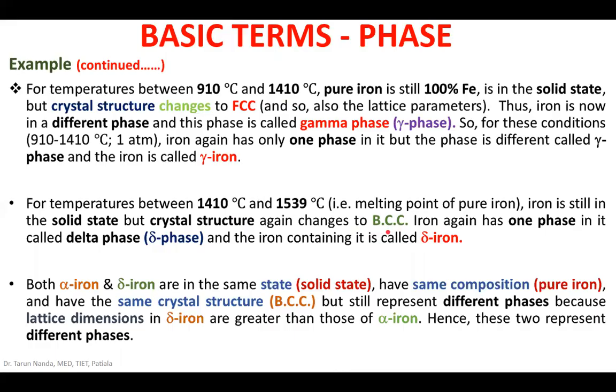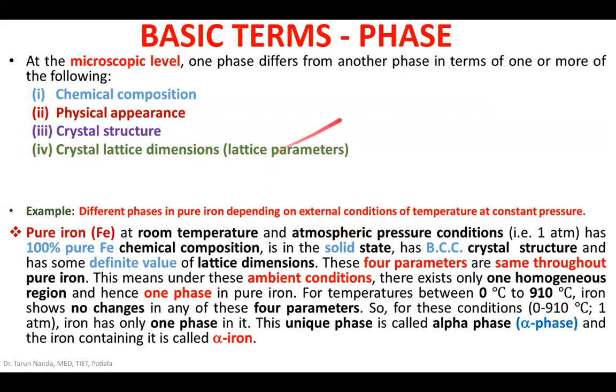So the first three things that we had discussed over here, chemical composition, same as was for alpha phase. Physical state, same as was for alpha phase at room temperature. Crystal structure, again same as was for alpha phase. But this is not alpha.